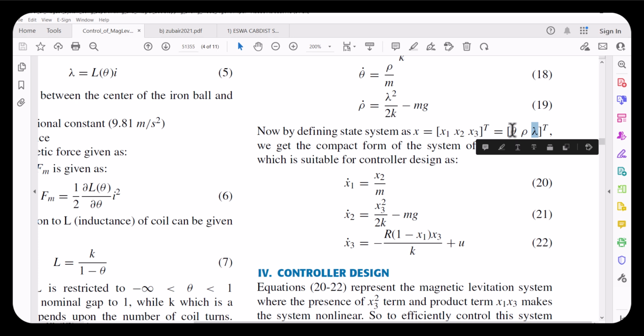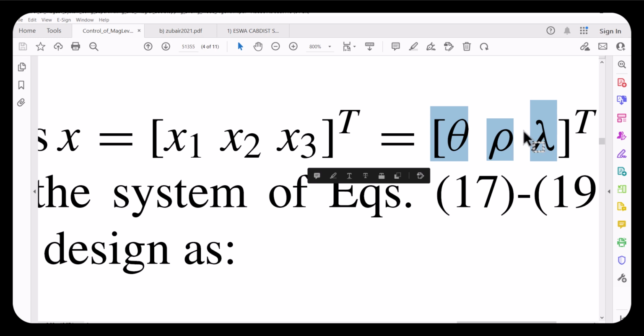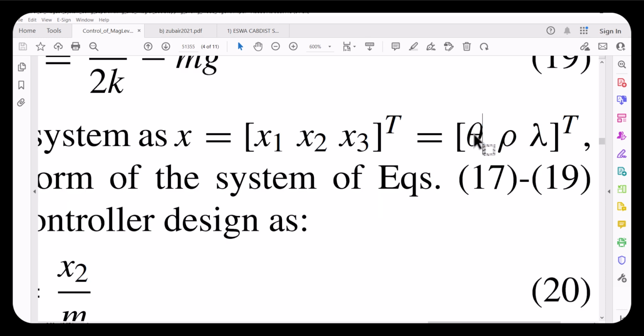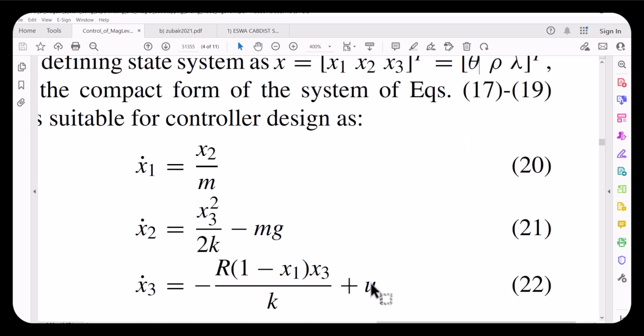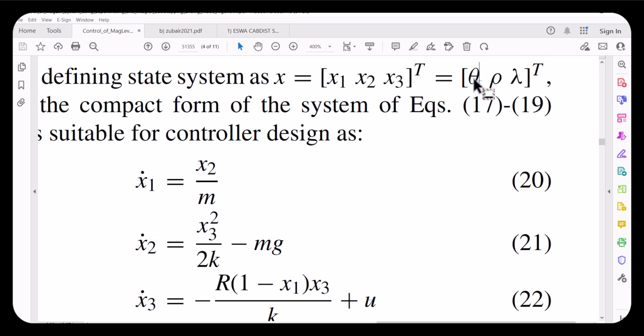The aim is not only to compute these things, but to make them equal to something you want. For example, if I want the distance between the ball and the electromagnet to be 0.1 cm, I would design u in such a way that this distance is 0.1 cm.